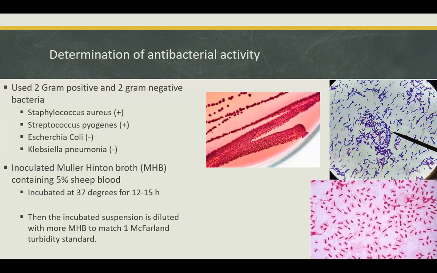Then they prepared the standard inoculums, where the microorganisms were inoculated into Mueller-Hinton broth with 5% sheep blood and incubated for 12 to 15 hours at 37 degrees Celsius. The incubated suspension was diluted into the MHB to match the McFarland turbidity standard, which is equal to 3.0 times 10 to the 8 CFU per mL, or 0.5 McFarland standard.